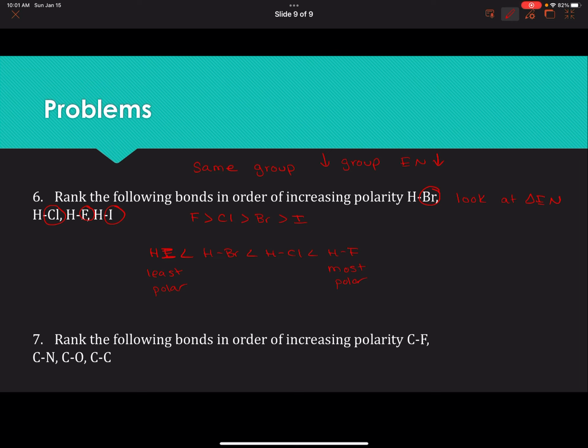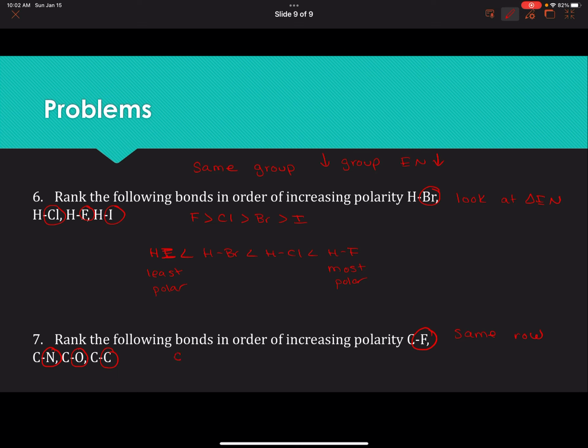So here in problem 6, we had nonmetals all attached to hydrogen. If we look at problem number 7, all of these bonds, we're going to have atoms connected to carbon. So again, we're looking at the electronegativity of the different atom. So we're looking at fluorine, nitrogen, oxygen, and carbon. These atoms are all in the same row. So again, as we go across the row, the electronegativity increases.